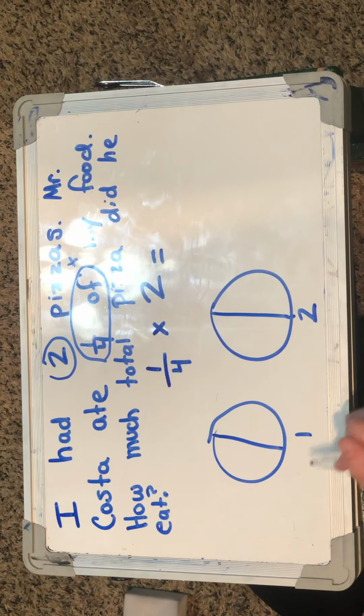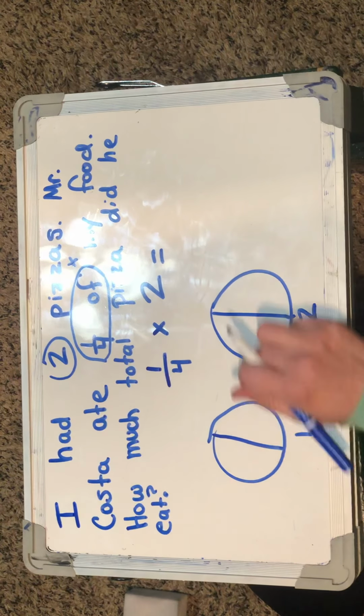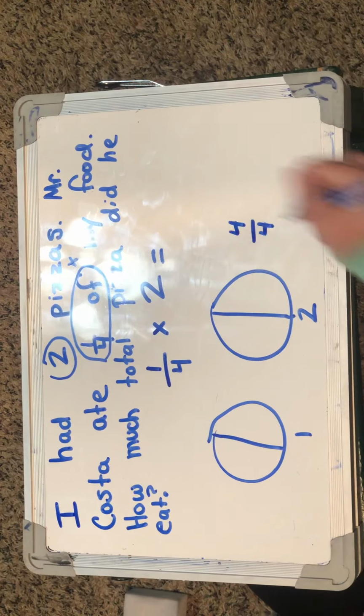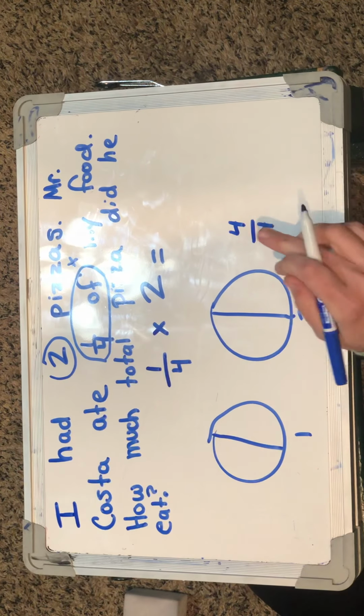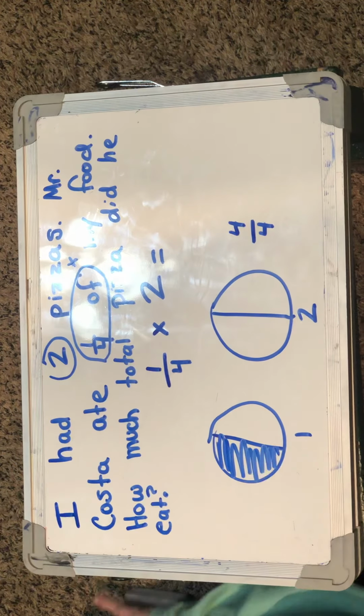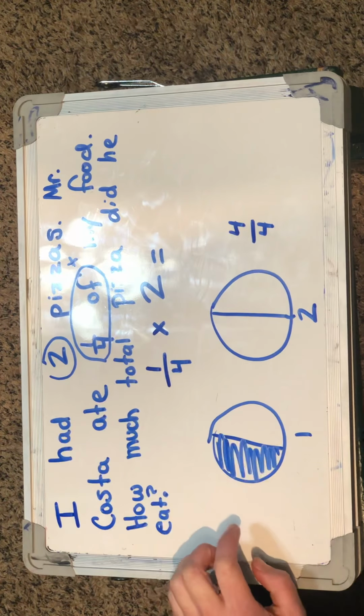So 2 pizzas, when I divide them into fourths, is 4/4. And he ate 1/4, right? So he only ate 1 of these pieces. But it's 1/4 of what I had, right?